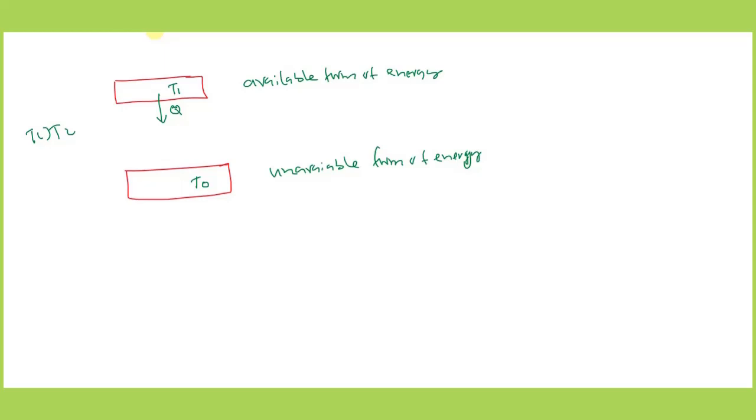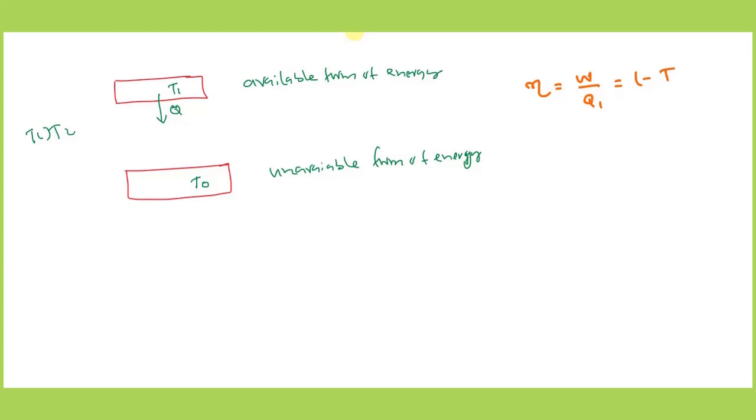Okay, so the energy content in the sink can be said to be unavailable form of energy. Now if I consider a Carnot engine, the maximum work obtainable from any heat engine will be from a Carnot engine. So we have the expression for the efficiency of a heat engine, eta is equal to the useful output W by the input Q1, and this is equal to 1 minus T2 by T1.